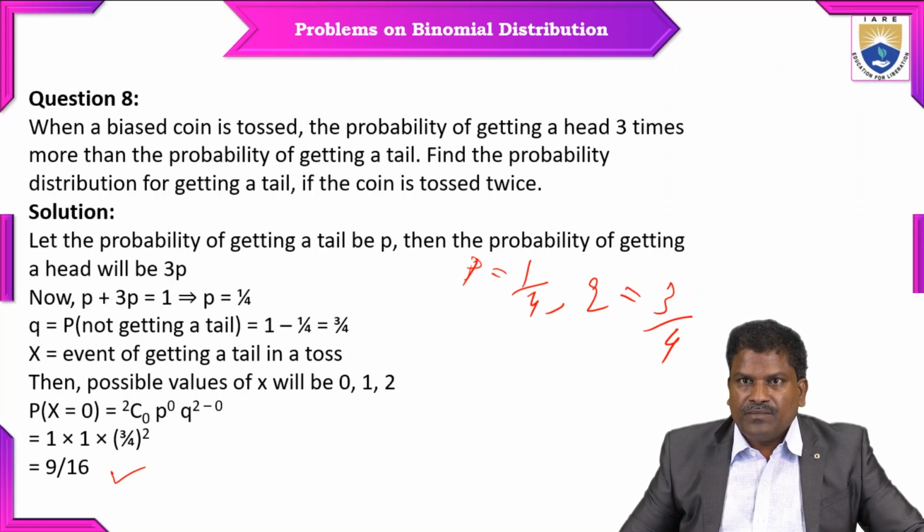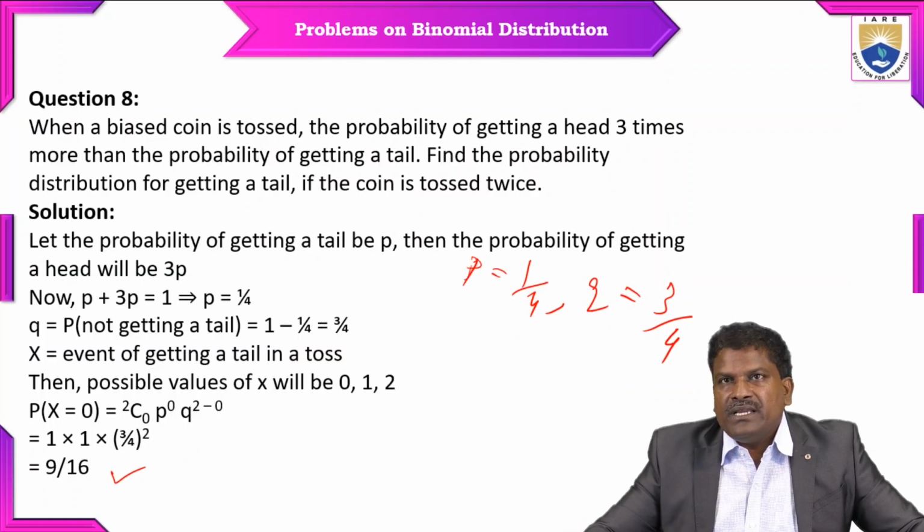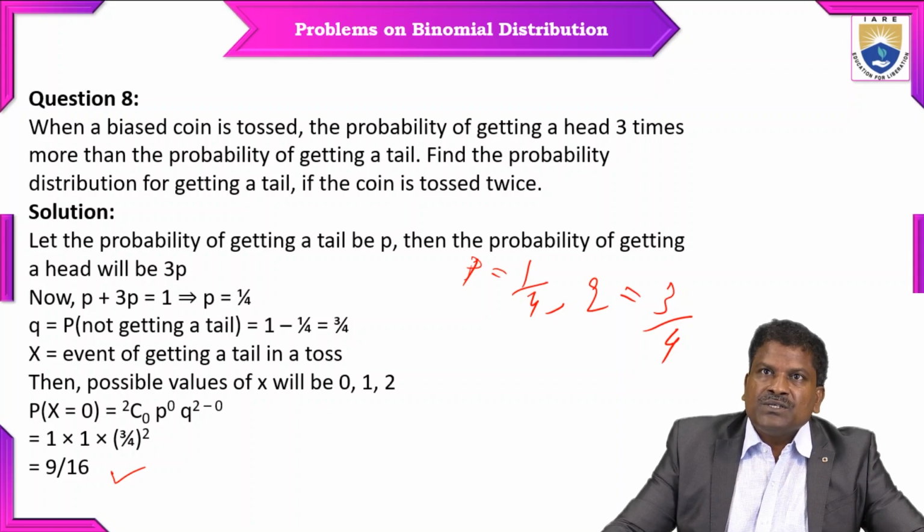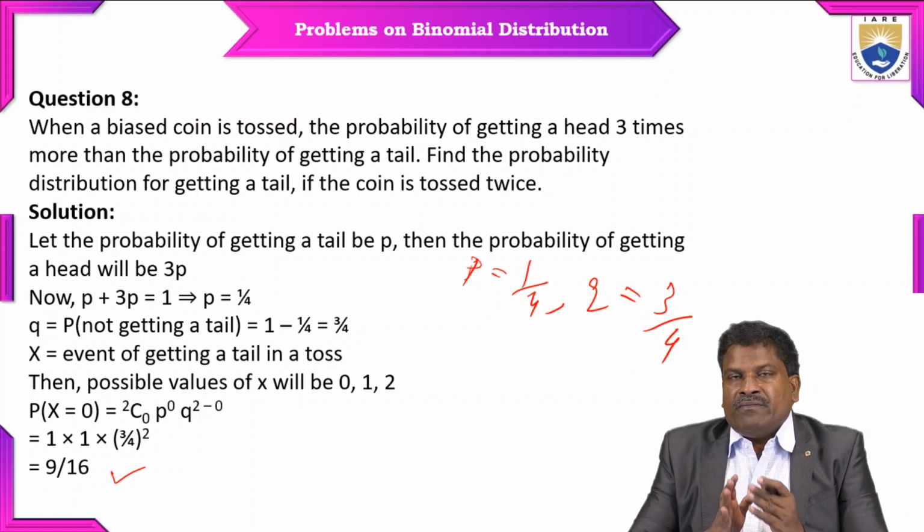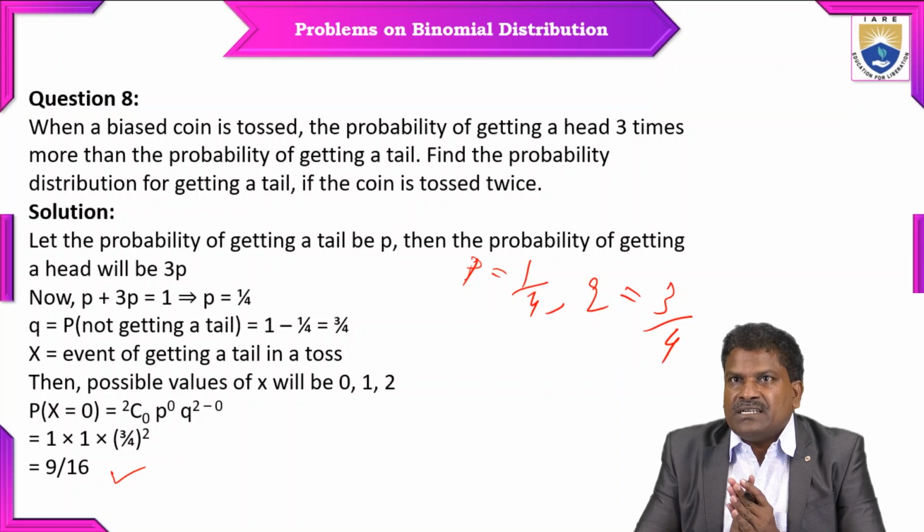So like that, we can analyze binomial distribution in so many ways. So when do we say it is a distribution?